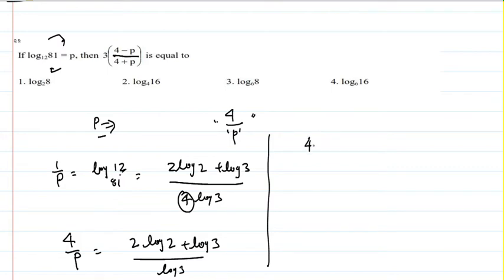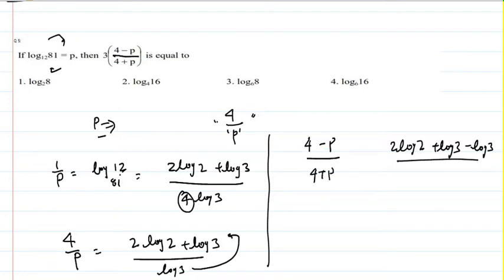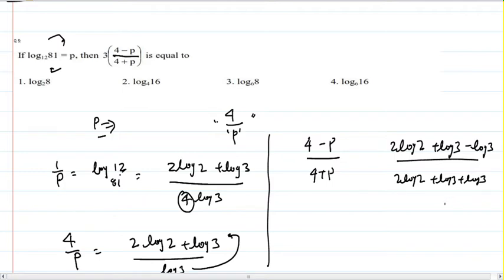Because I want 4 minus P, this denominator will go up and get subtracted. 2 log of 2 plus log of 3 minus log of 3 divided by, in the denominator, I want 4 plus P. So this will go up and get added. This will become 2 log 2 plus log of 3 plus log of 3.